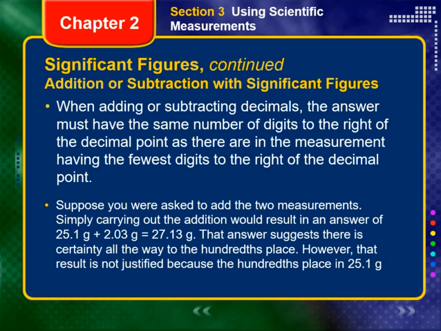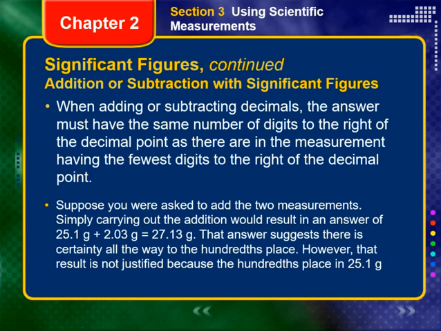The other measurement, 2.03 grams, has two digits to the right of the decimal point. It provides information up to and including the hundredths place. Suppose you are asked to add the two measurements. Simply carrying out the addition would result in an answer of 25.1 grams plus 2.03 grams equaling 27.13 grams.